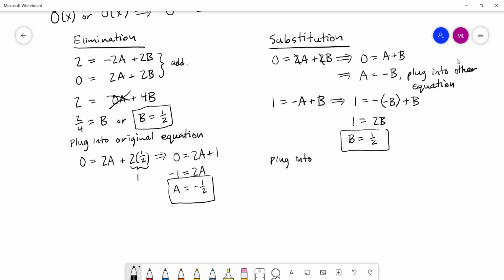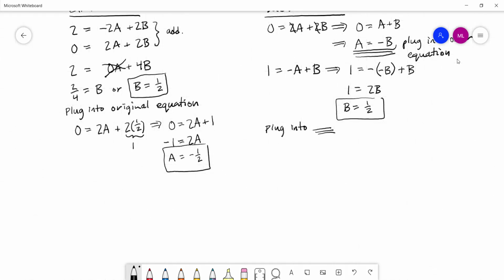So plug into the thing that's triple underlined. And when we do that, I'll get that a equals negative b implies a equals negative of a half, which is negative a half. And we've found our second value. So whichever method you prefer, it'll vary from problem to problem. We're going to get the same answer both ways, or you should get the same answer both ways.